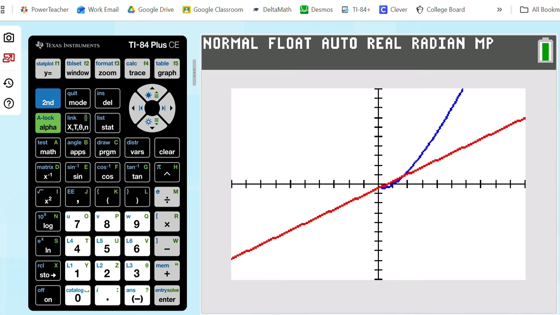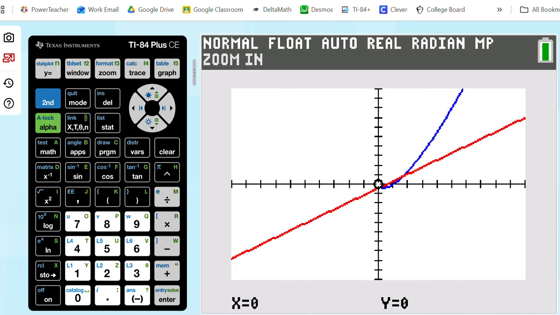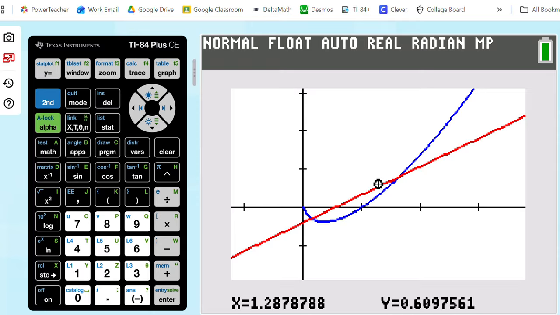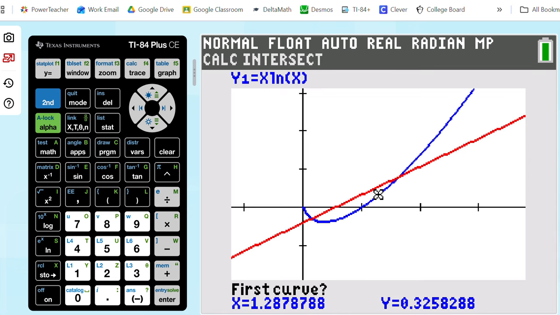Oh, and it looks like these are intersecting in a much nicer place for us here. We'll zoom in kind of maybe sort of in the middle here, because I can't quite tell if they're intersecting a second time. Looks like they are intersecting 2 times there, right? So when we do that, we'll look for second trace and option 5, which is intersect.